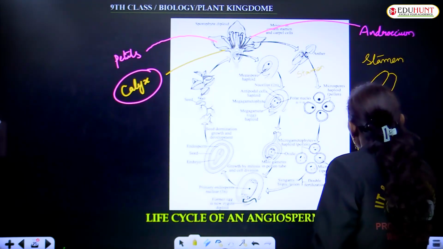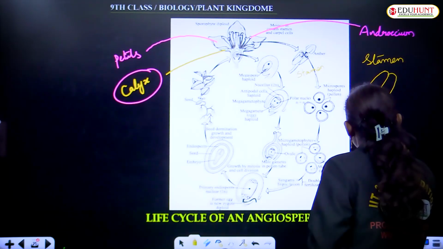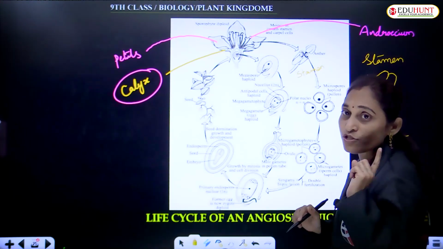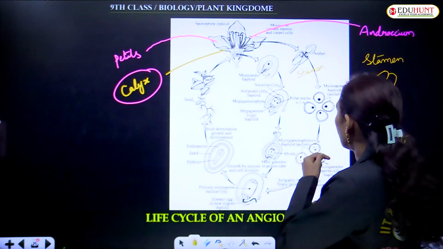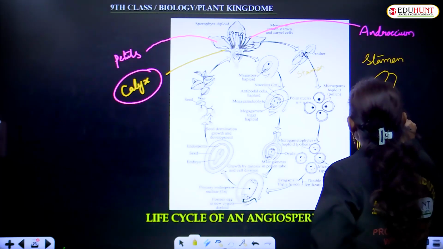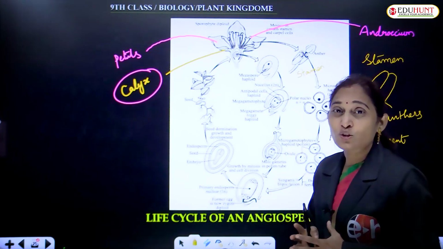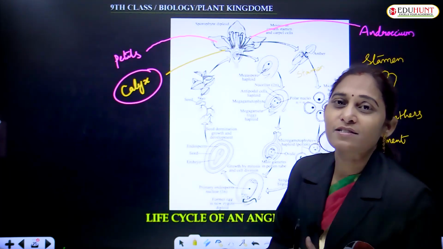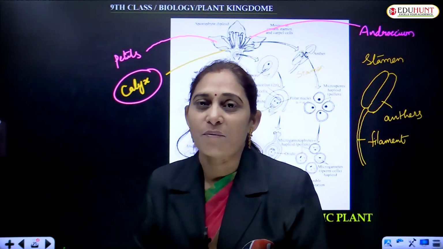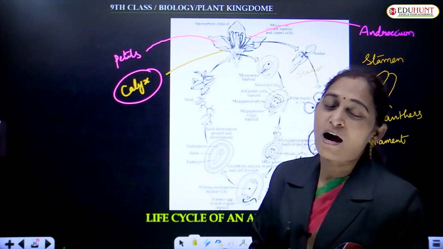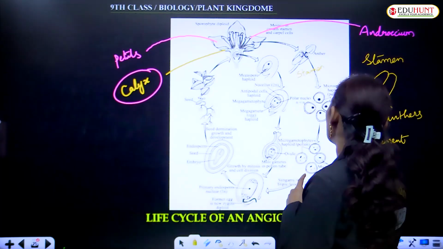The filament, that is the stalk of the stamen. These are anthers, the actual fertile parts of the androecium. Fertile parts of the androecium are the anthers, not the filaments.